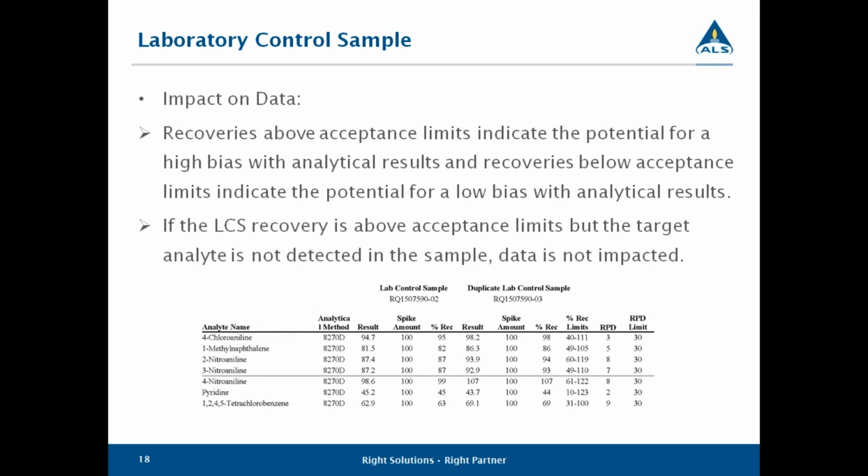Now that's a red flag. We have to go back and start all over again, because that low bias on the LCS might be an indication of something going wrong with the method that's creating a situation where we're not recovering all of the pyridine.